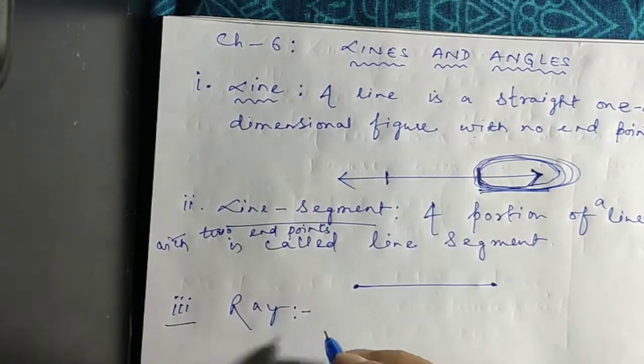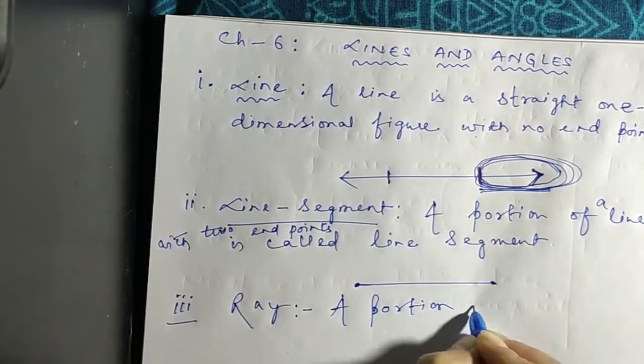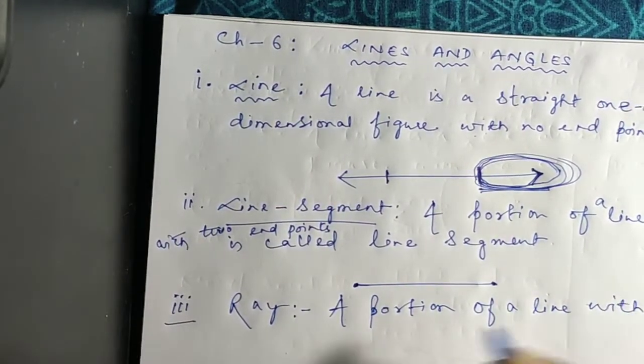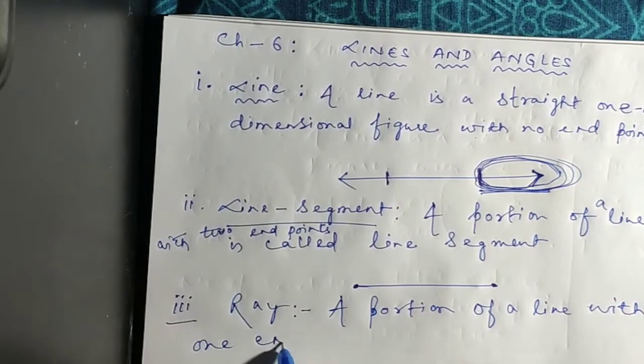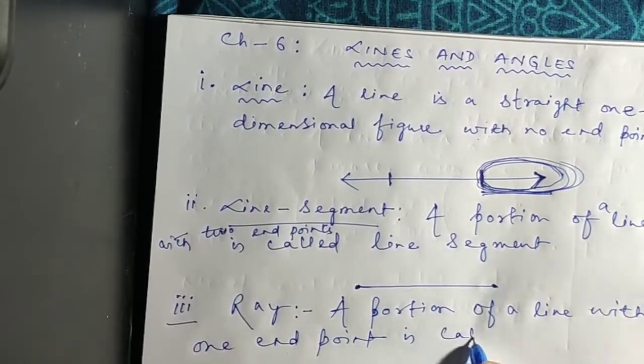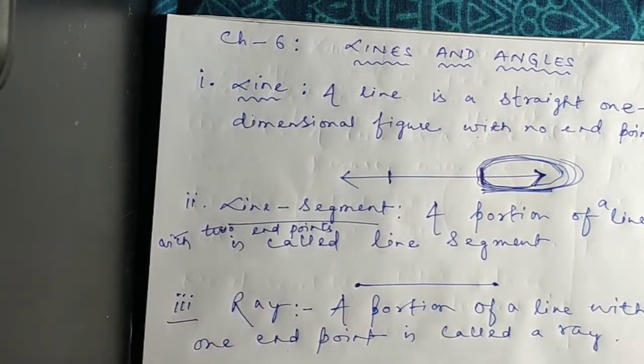So one endpoint. A ray is a portion of a line with one endpoint. So it will look like that.